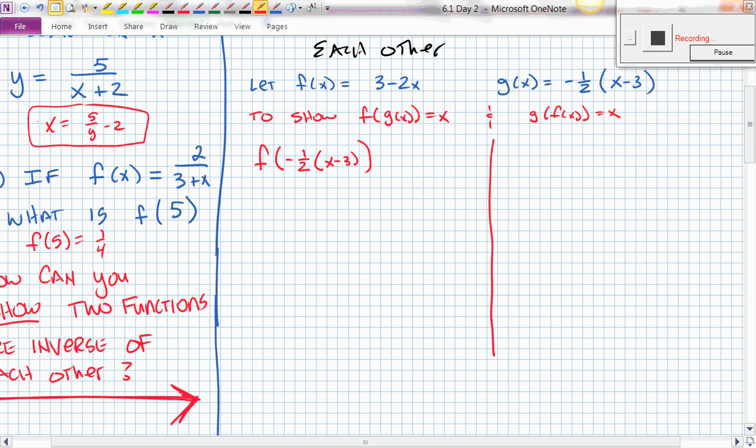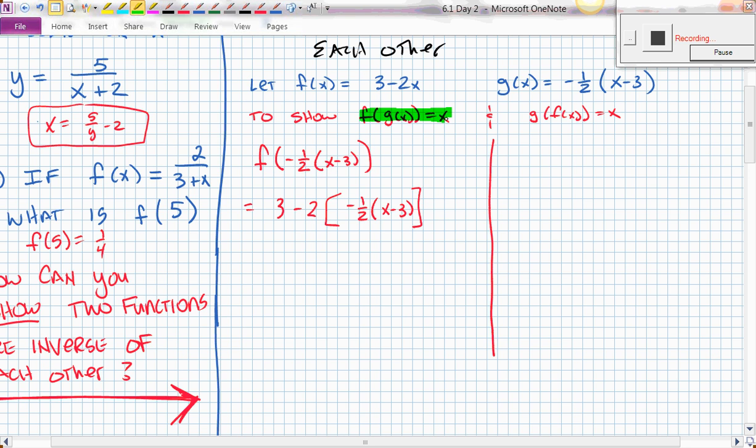You guys agree with that part? Now what do I do with that negative 1/2 times x minus 3? I substitute it in for the x on the f. So this is going to be 3 minus 2 times the quantity negative 1/2 times x minus 3. This is to show that f of g of x equals x.